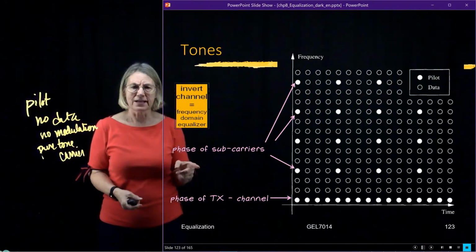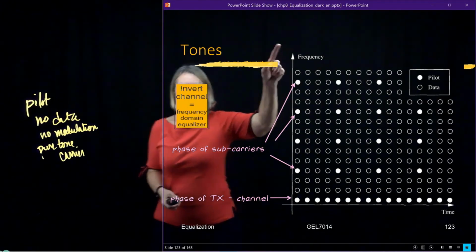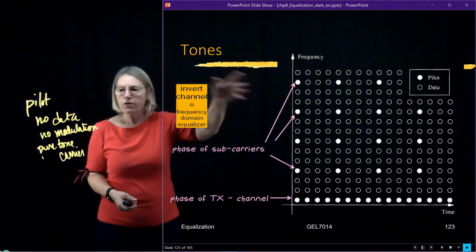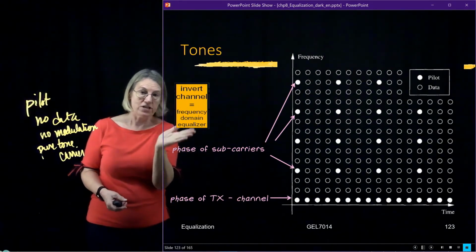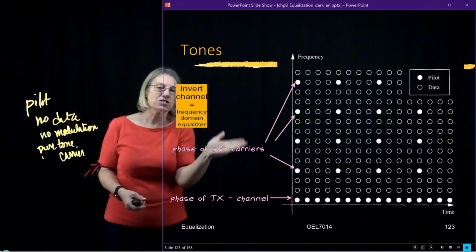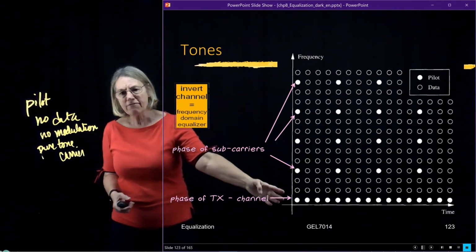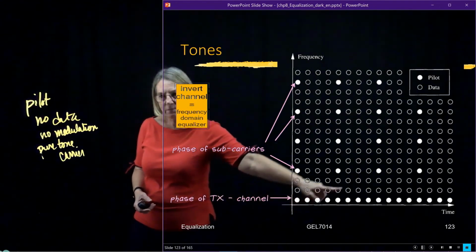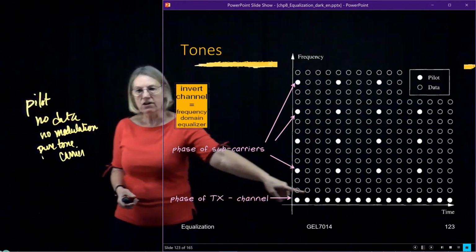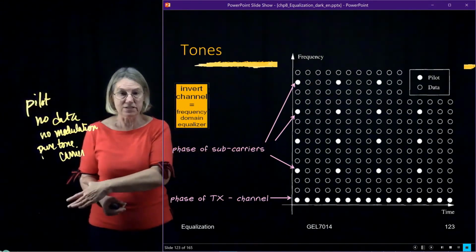If I'm interested in variation across frequency, suppose that although there's only one physical oscillator and there should only be one rotation of the phase, because of the channel effects, maybe it'll vary a little bit from subcarrier to subcarrier. So every now and then I put a pilot, and this is the main estimation of the phase of this oscillator at the transmitter.